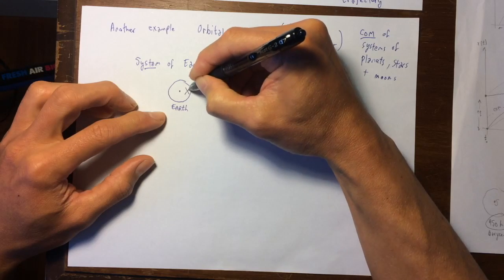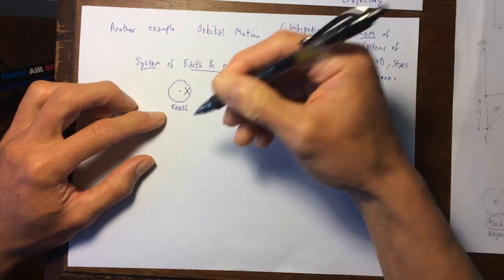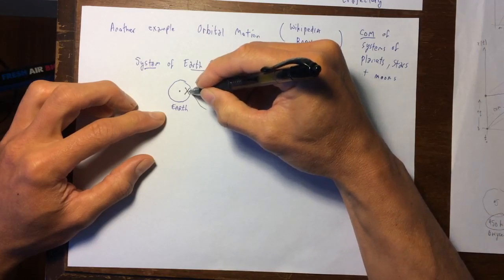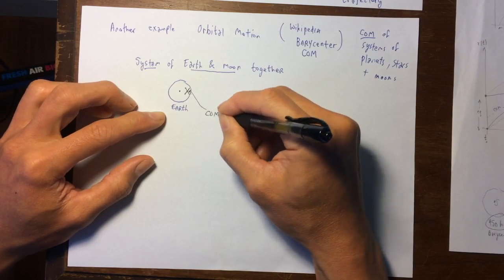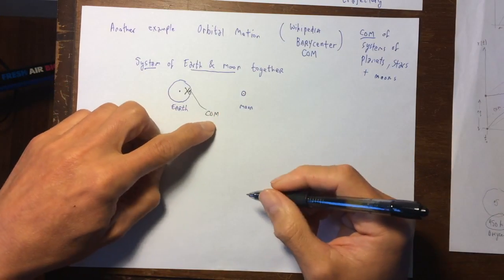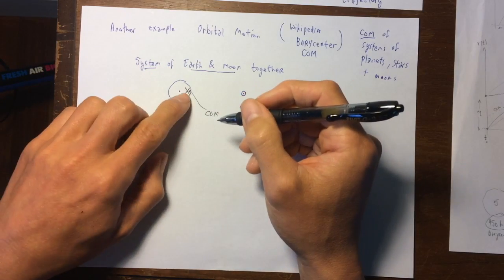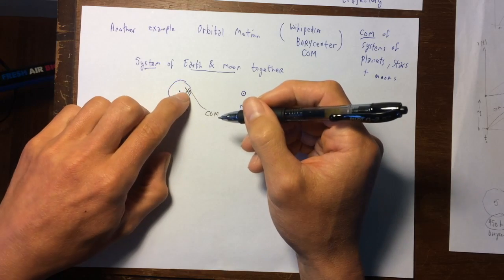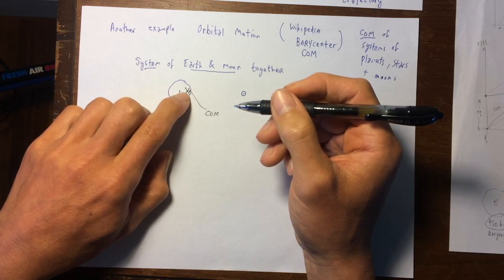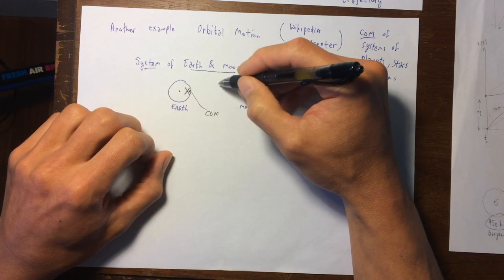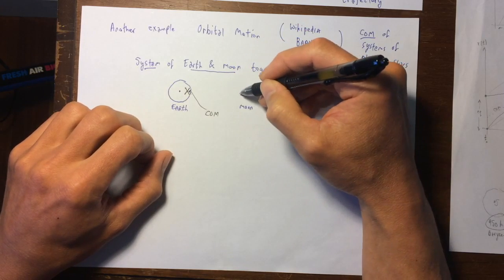If you go and you look on Wikipedia, or you can just Google center of mass of Earth-Moon, it'll put it actually inside the interior of the Earth. So the center of mass is not out in the middle of space, and it's not close to the Moon, right?